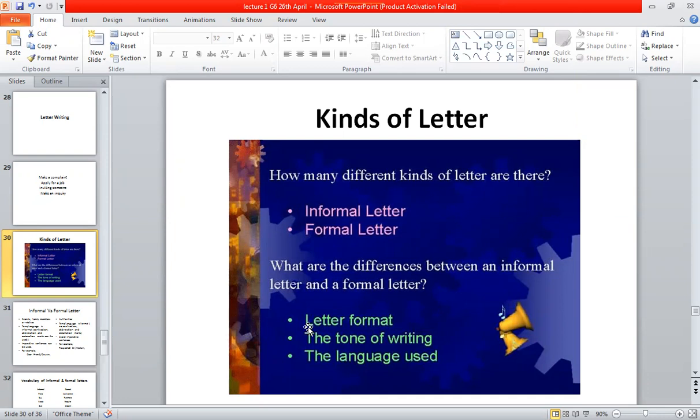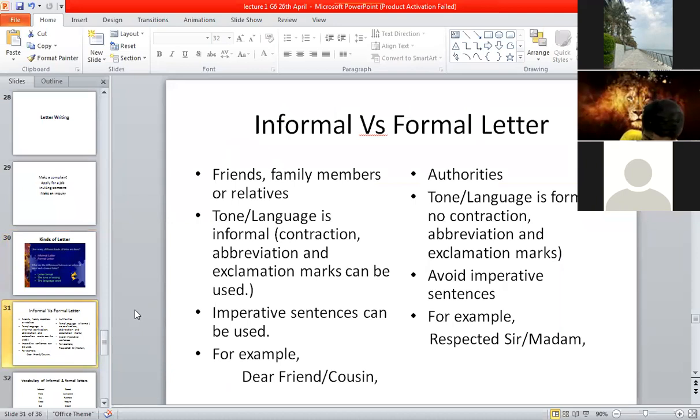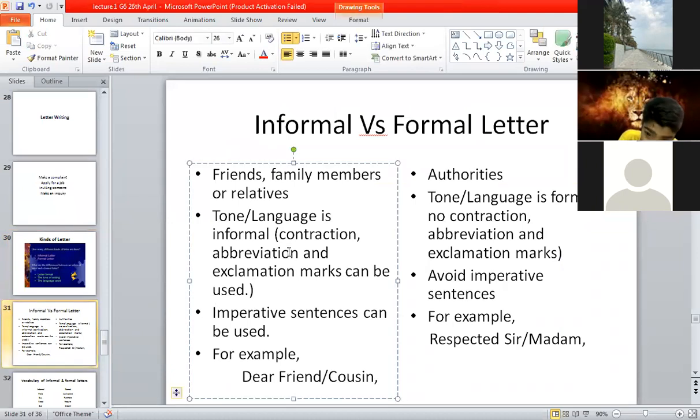Okay, so letter format is different in both letters. Letter format will be different. Language will be different. Tone of writing will also be different. Now, this is the difference between formal and informal letter.